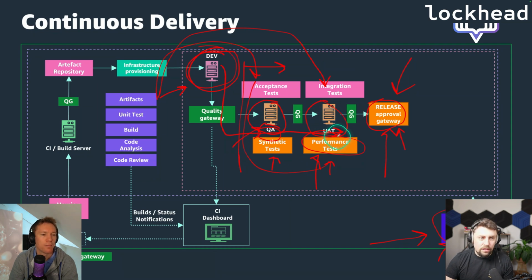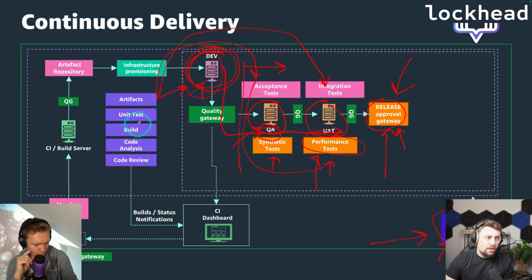So maybe UAT will be a little bit more stable, and for example, you deploy to UAT every week or every 2-3 days, depending on how much time you need to run some tests, or maybe you need to run some manual tests, like going through all the functionality. Again, it depends. Dev environment, as I said, is not stable. You can deploy every 5 minutes as soon as you're done with your commit and changes.